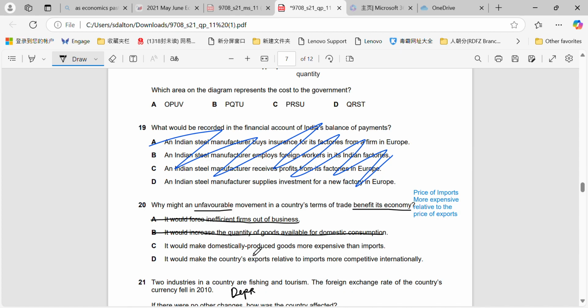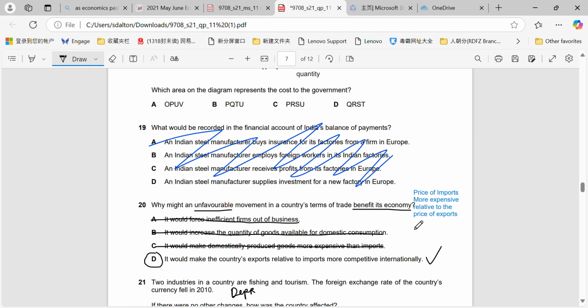Make domestically produced goods more expensive than imports. That is not true. We know that the price of exports will drop, so domestically produced goods will become more price competitive. And therefore the reason we might do it is to make our exports more competitive internationally.